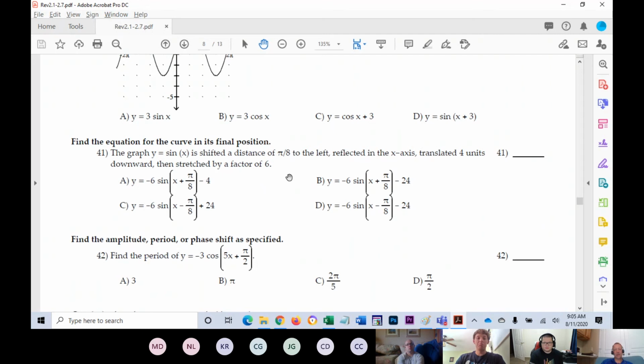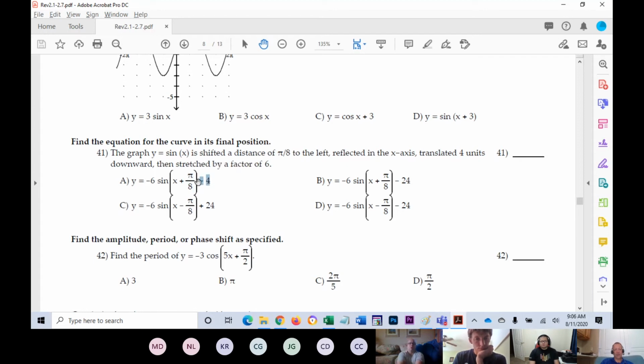The question is, could you do that one without all of the multiple choice? We just take it step by step like we did. Write out y equals sine of x and then add in each thing as we go through it. Add that in there, reflect it, so then it's a negative.